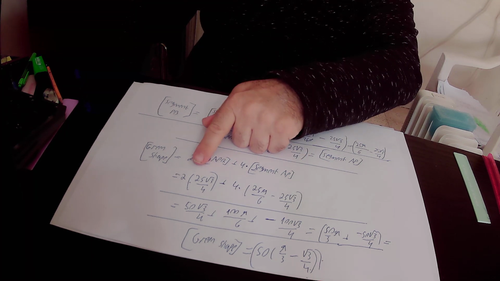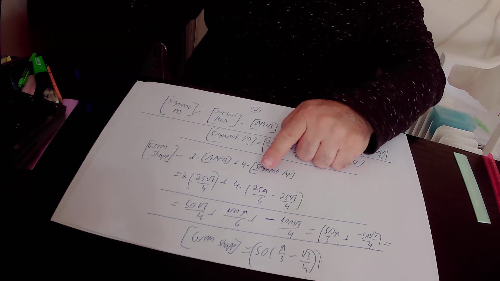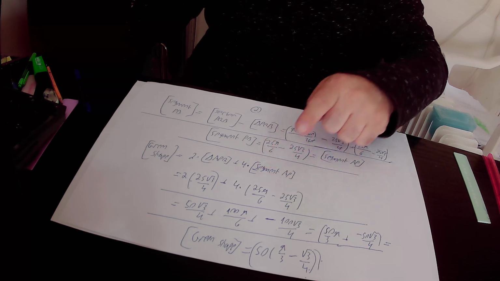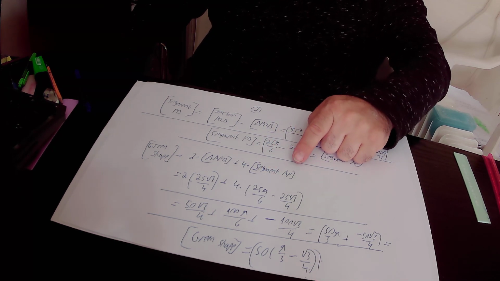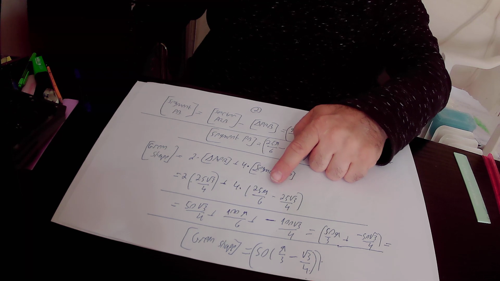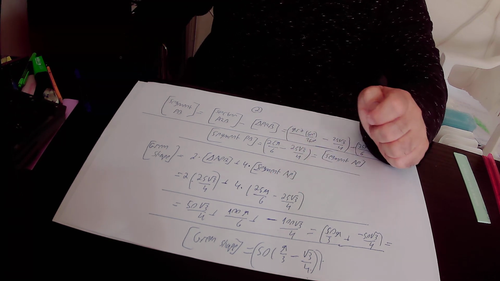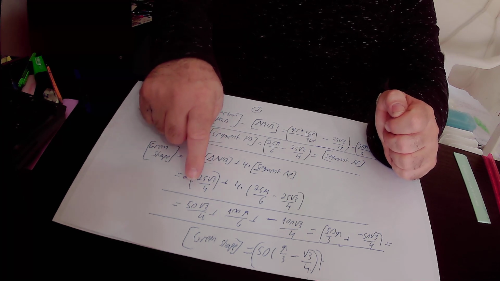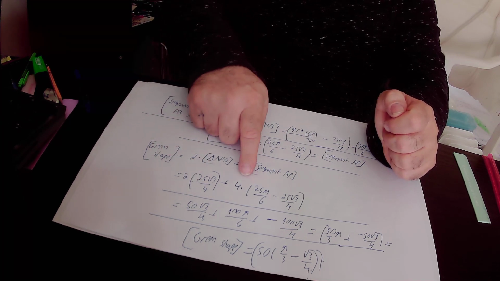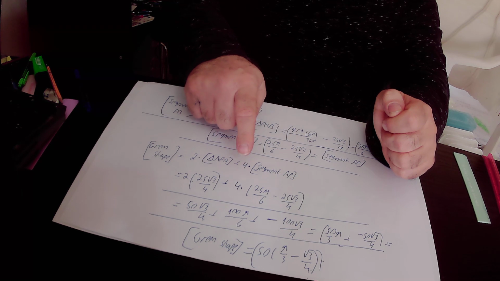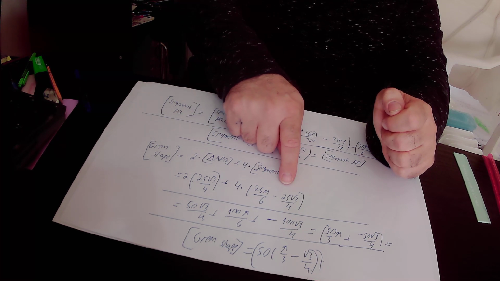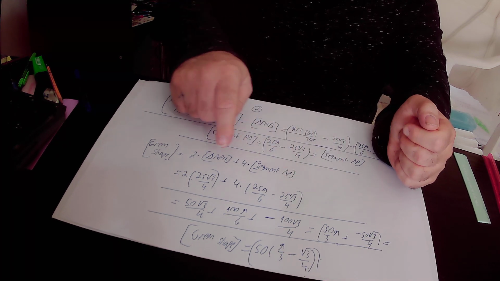So we multiply it by 2, and we also have to add 4 times the area of segment AP. And the area of segment AP equals 25 pi over 6 minus 25 square root of 3 over 4. So here 2 times 25 is 50, 4 times 25 is 100, and 4 times minus 25 is minus 50.